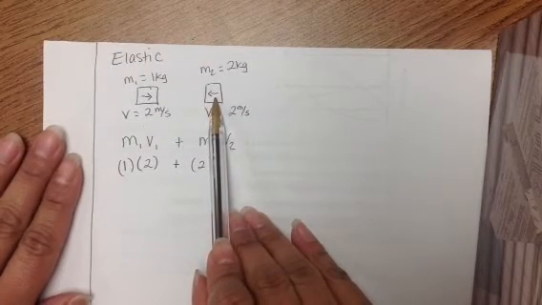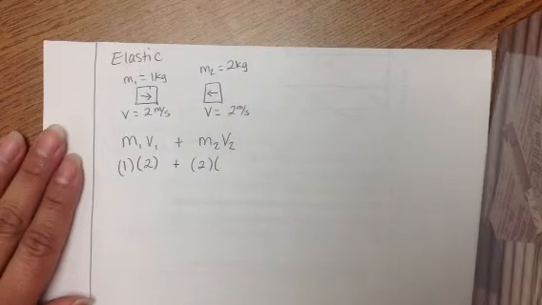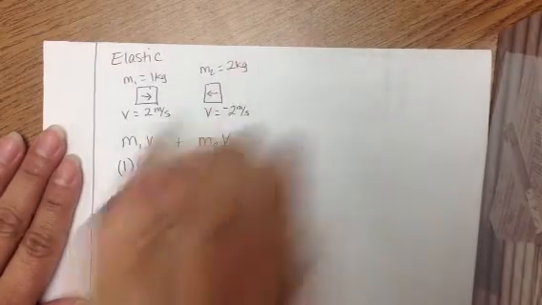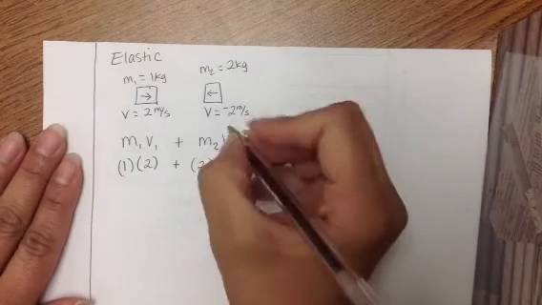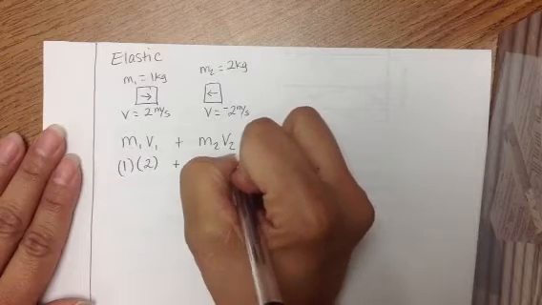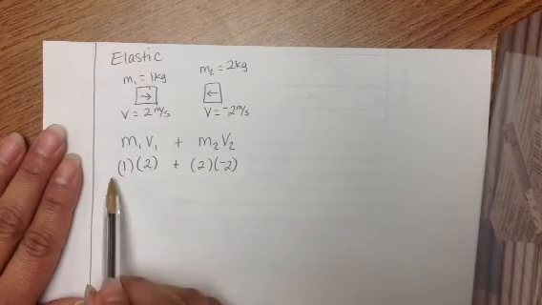It says that the object is moving to the left. So rather than having a 2 meters per second, because it's a vector, we need to make that a -2. Remember that momentums are vectors. So we would put in a -2 as our velocity in our calculation.